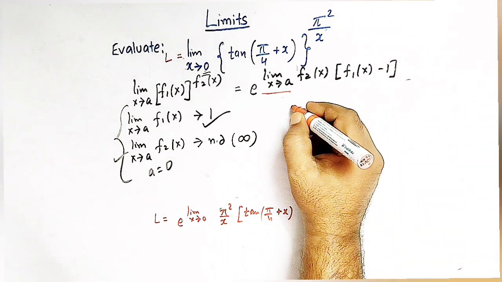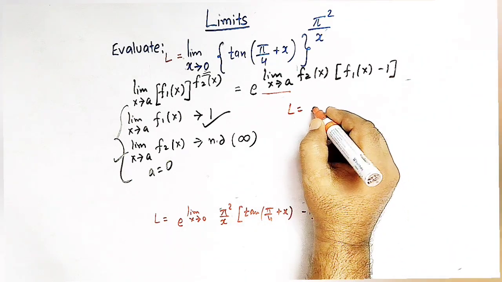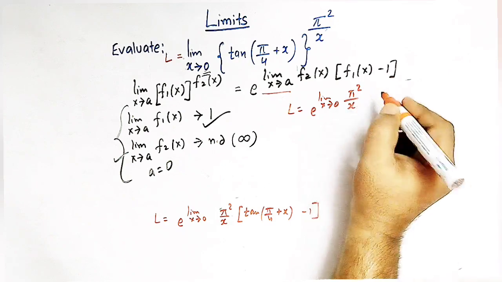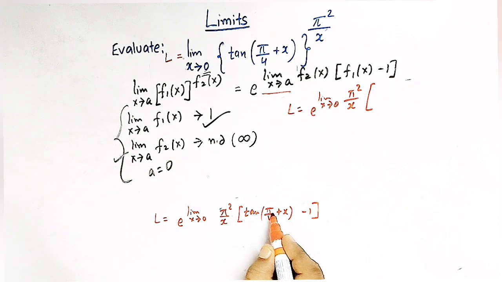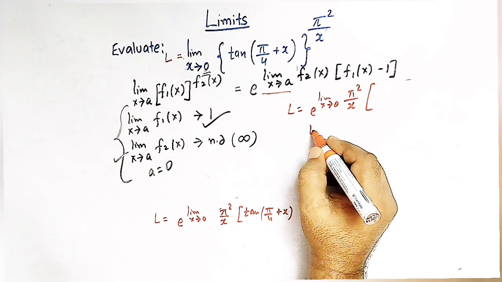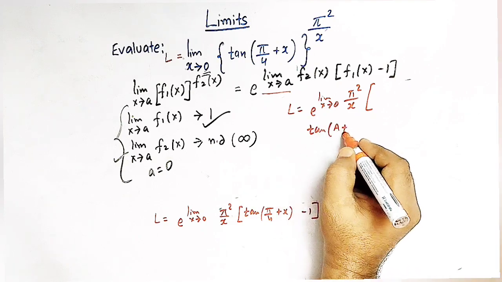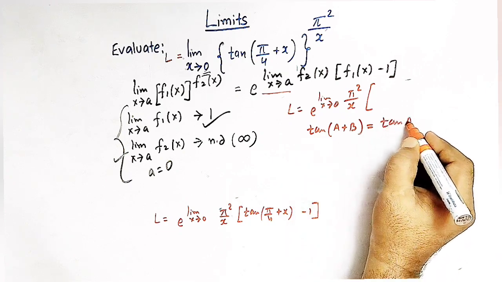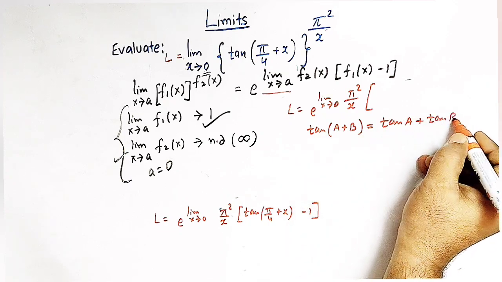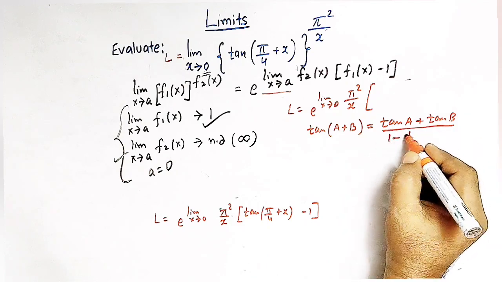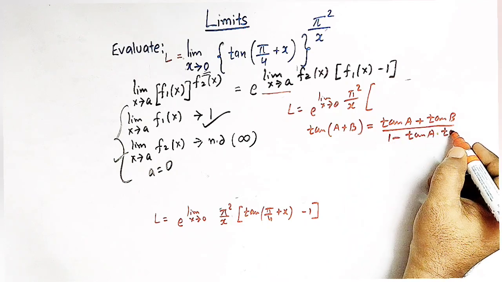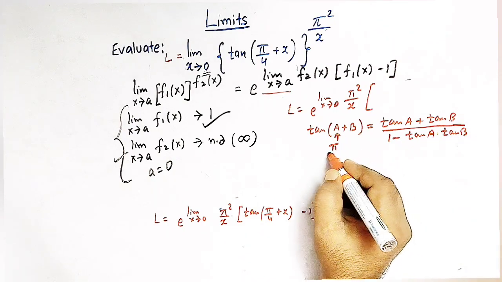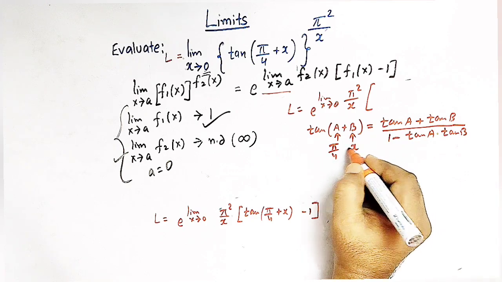So now we can write the limit L as e raised to limit x tends to 0, pi square over x, and here we have tan of pi by 4 plus x. Now we can apply this result from trigonometry, that is tan of A plus B is given by tan A plus tan B divided by 1 minus tan A tan B. So our A is pi by 4 and B is x.